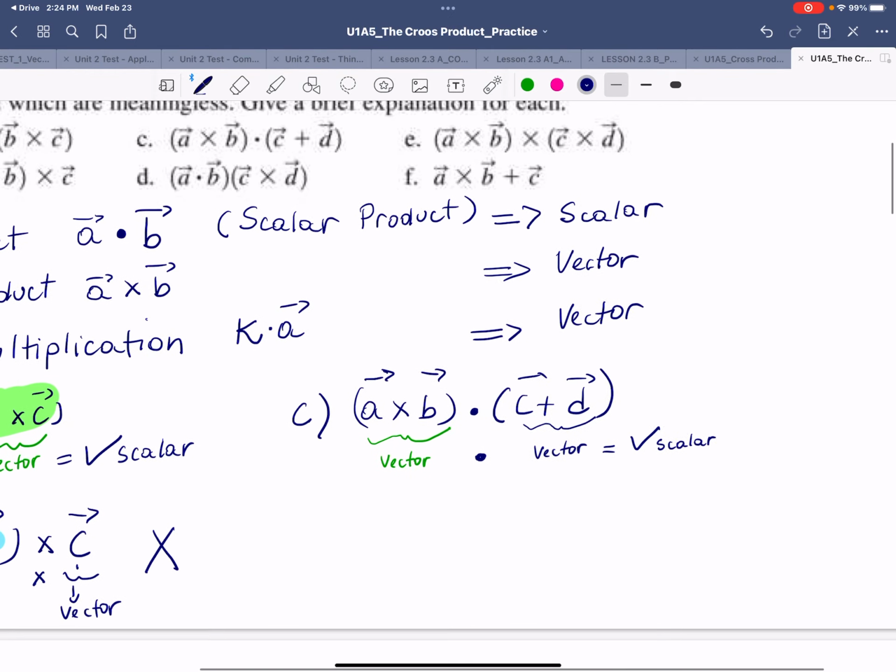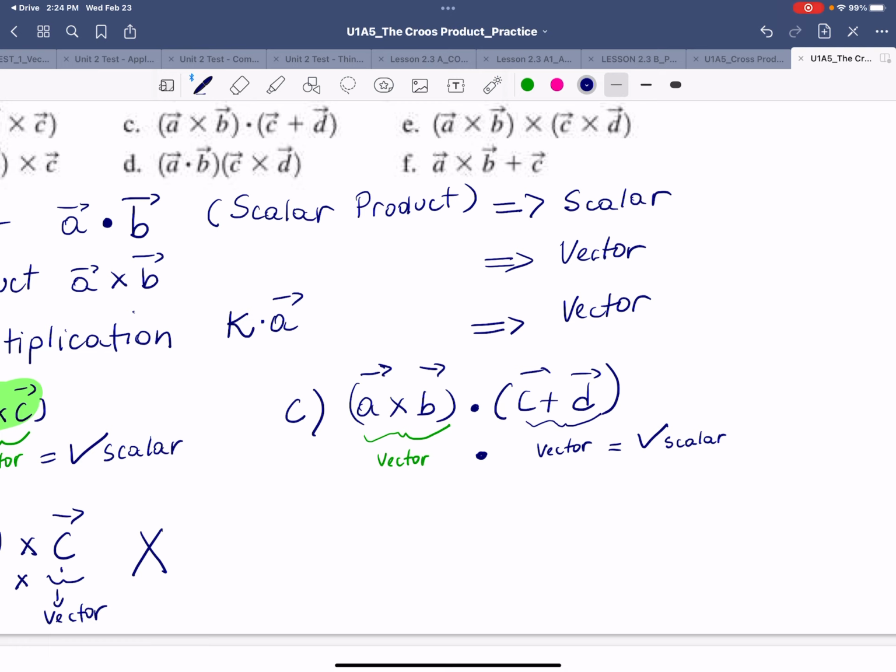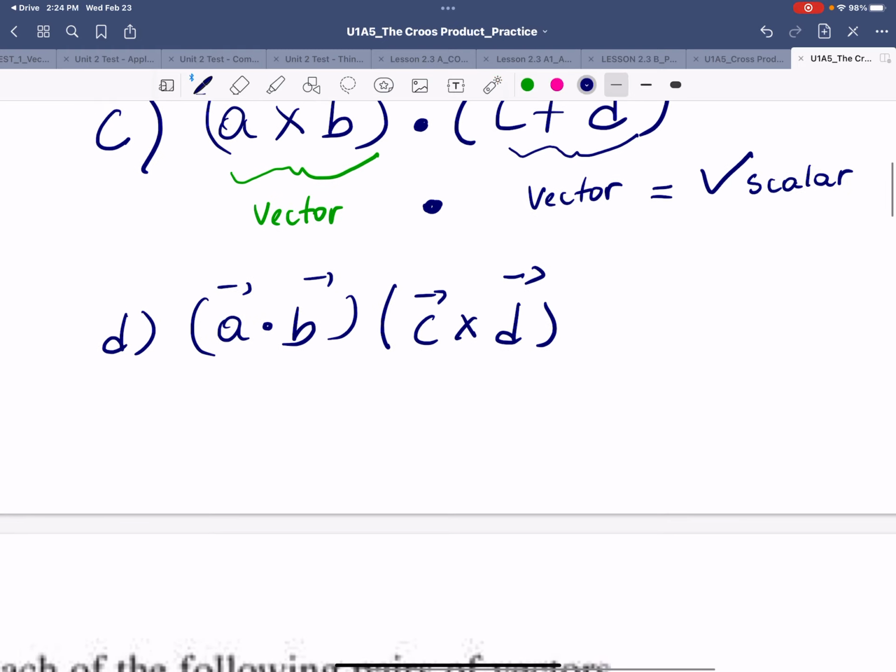We're going to move on to question D. Question D is A dot B multiplying C cross D. Remember that in this case, what you see between the two brackets is a simple multiplication, so no dot product or cross product, just pure multiplication. In the first brackets, we get A dot B, which is a scalar.